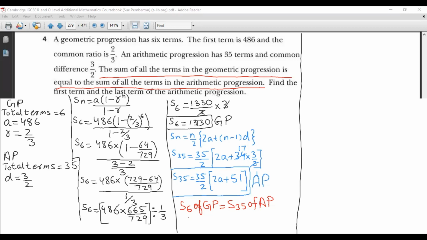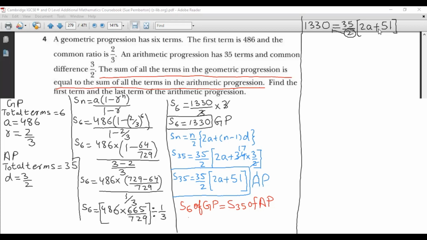It was coming 1330, equal to S35 of AP, which was coming 35 over 2 times (2A plus 51). So first thing I'm going to do over here, I will shift 2 over here and 35 over here, and then I will work on the other thing. First of all, I'm shifting this 2 to the other side.